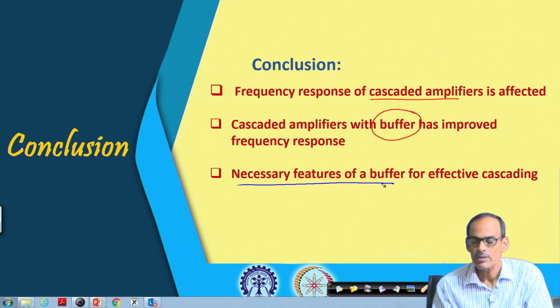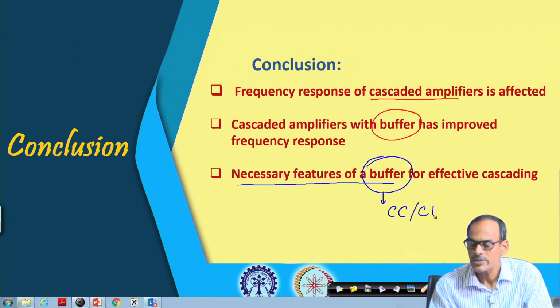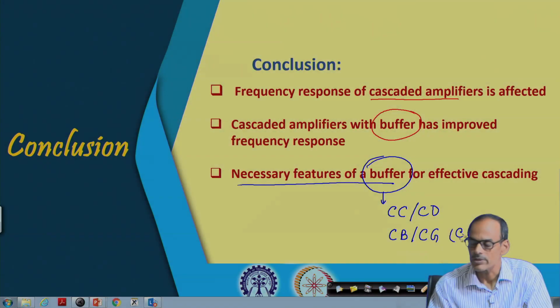And so, this buffer, as I said, invites a new kind of configuration. It is either common collector or common drain stage for a voltage mode buffer, or common base or common gate for a current mode buffer.